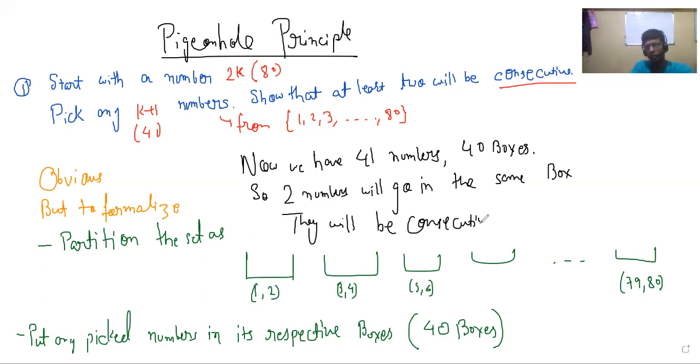Maybe you can use this as a layout, because you have not done proofs earlier, right? You'll catch it on your own. But the idea in the end is we created a situation where we have 40 boxes and 41 numbers, and so two of them should go in the same box.